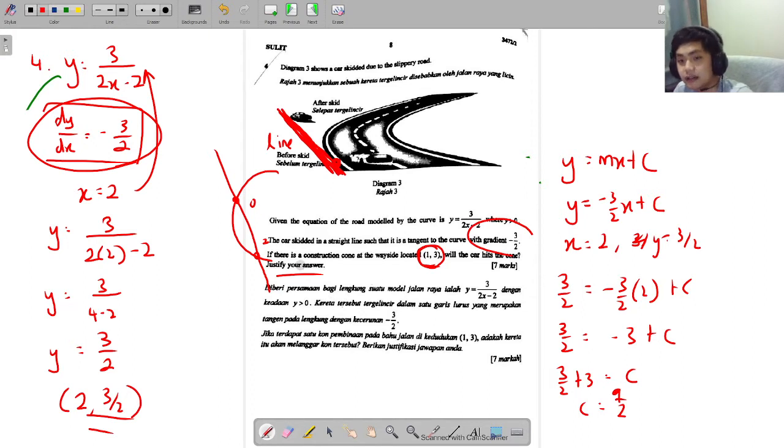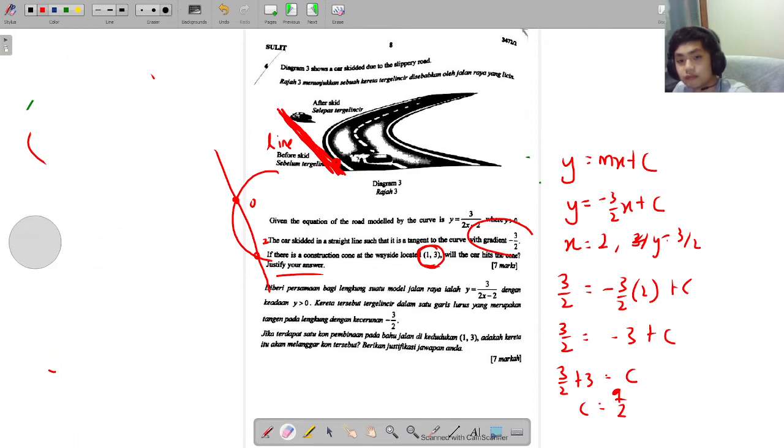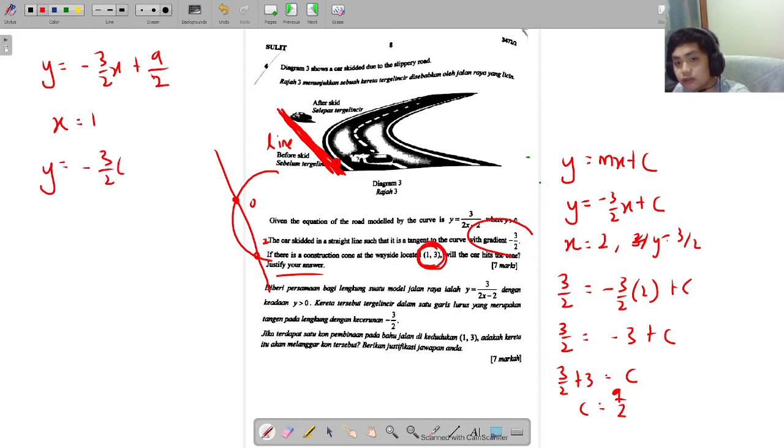So I've got to test it out now. Since I have y equals negative 3 over 2 x plus 9 over 2, now I've got to test whether the cone is on the line. So I'm going to say at x equals 1, you just sub in one of the coordinates. So y equals negative 3 over 2 times 1 plus 9 over 2. So y equals negative 3 over 2 plus 9 over 2.